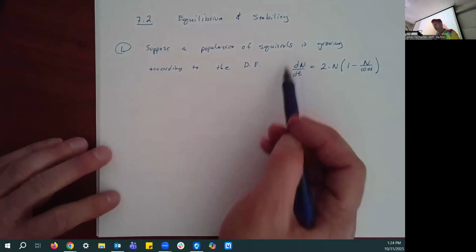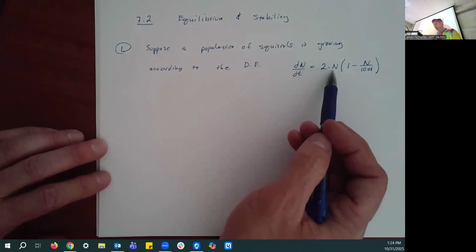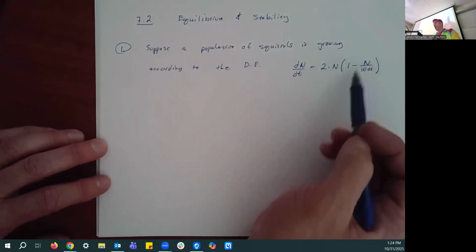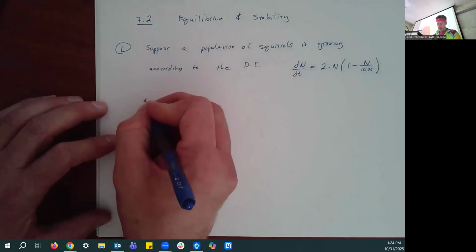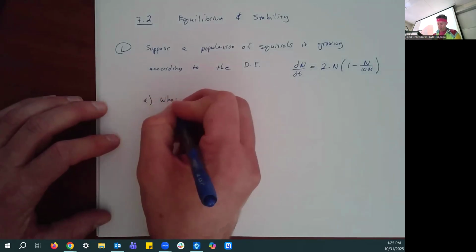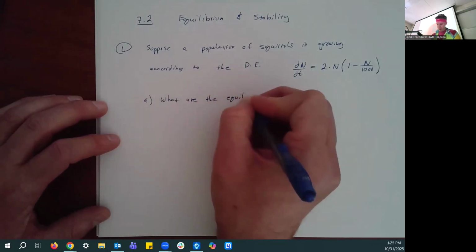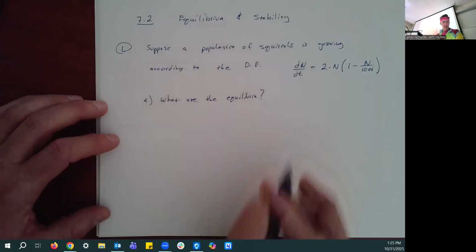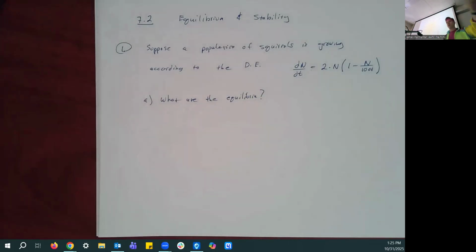So the rate of growth is a multiple of the population size and this other factor, which limits how big the population can get. The first question we're going to ask is, what are the equilibria? Meaning, what population size could the squirrels get to and just maintain, where the population wouldn't be changing?